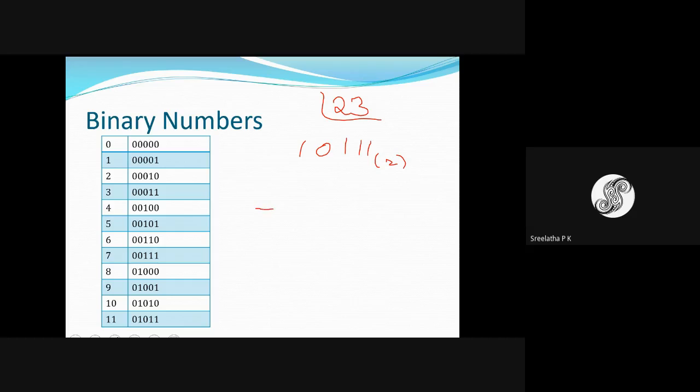Now, how do you convert into decimal? I'll just tell you how to convert into decimal. Suppose I have a binary pattern like this, and I want to find what is the decimal value of it. Many of you will know, just observe this. This units place 1 is 2 power 0, and this is 2 power 1, 2 power 2, 2 power 3, and 2 power 4.